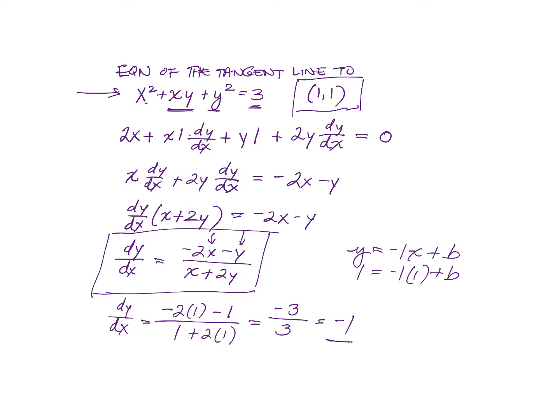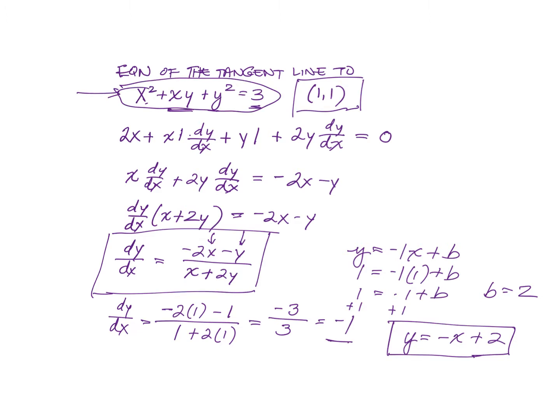I have 1 equals negative 1 plus b. I'm going to add 1 to both sides, so I get b equals 2. And then that means that the equation of the line is y equals negative x plus 2. That is the equation of the tangent line to this curve at the point (1, 1).